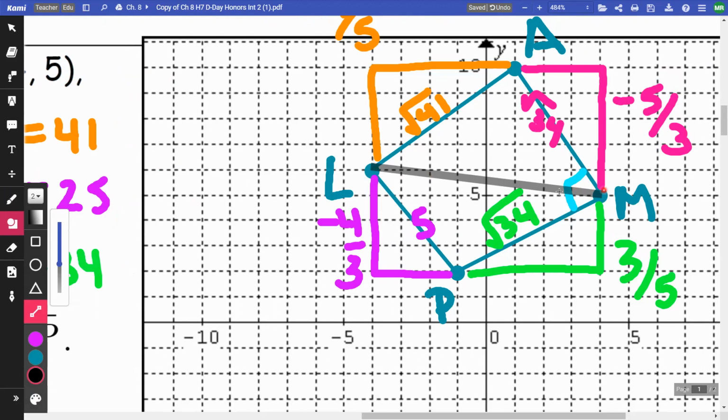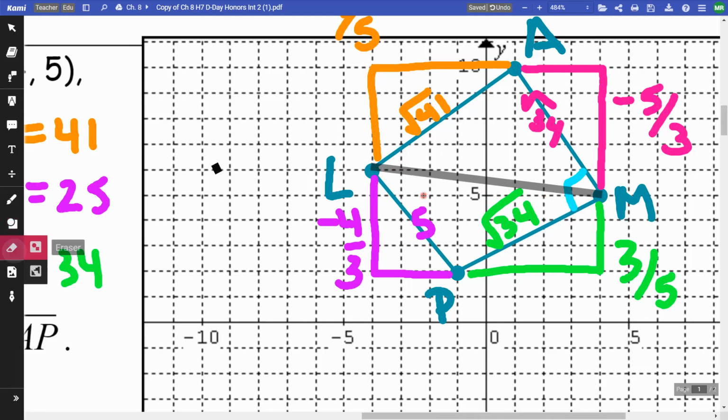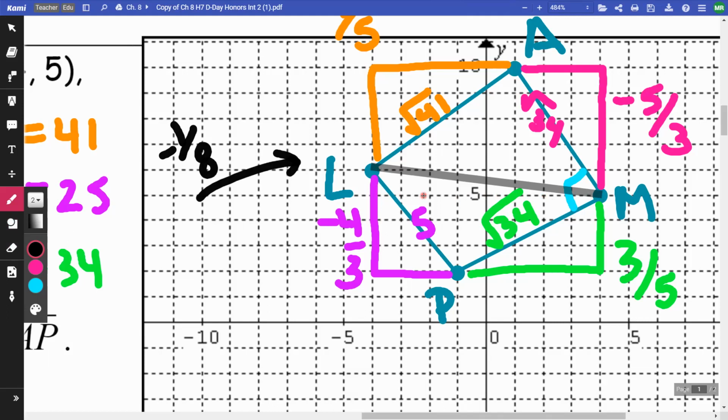So first off, let's figure out the slope. So I'm going down 1 over 1, 2, 3, 4, 5, 6, 7, 8. So negative 1 over 8 is going to be that slope. So the slope of this one is going to be a negative 1 over 8.